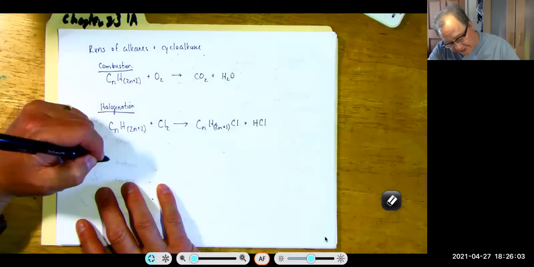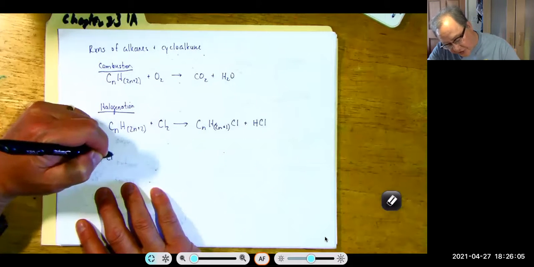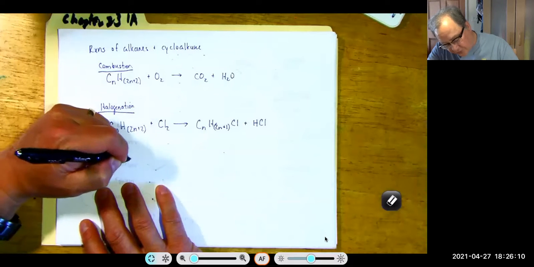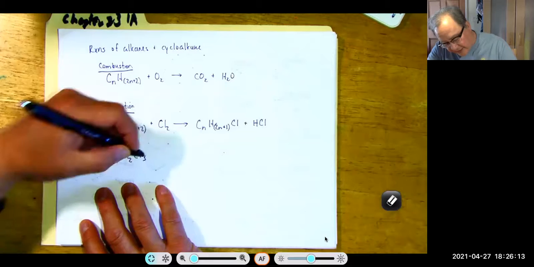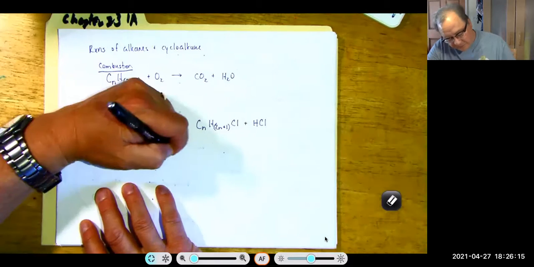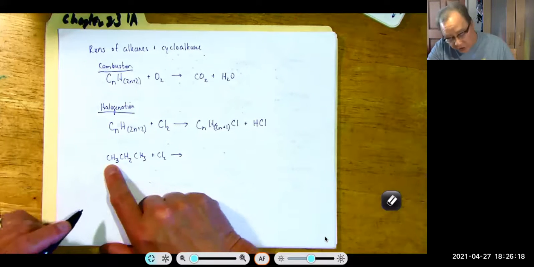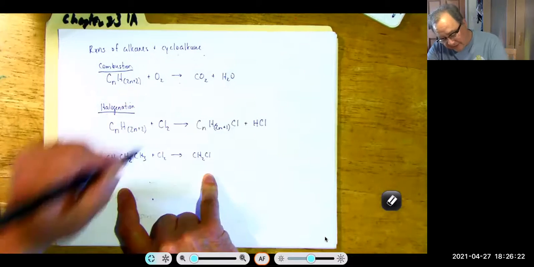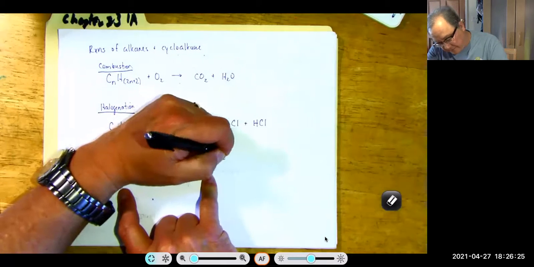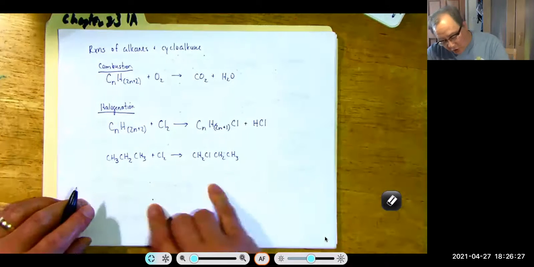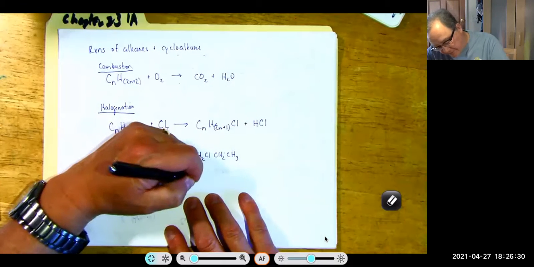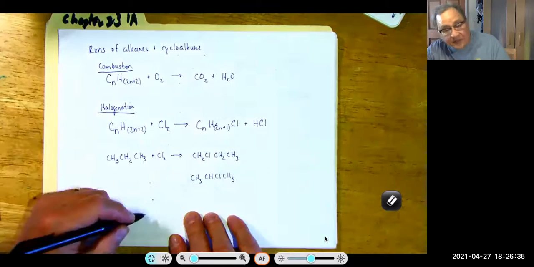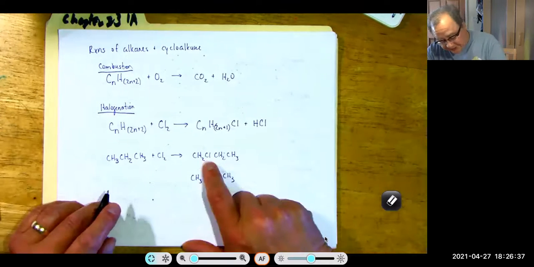So for instance, if I have CH3, CH2, CH3, and we add chlorine, the chlorine could add to this first carbon, and we could have CH2Cl. Or it could add to the second carbon. Or it could add to the third carbon, which is the same as this.